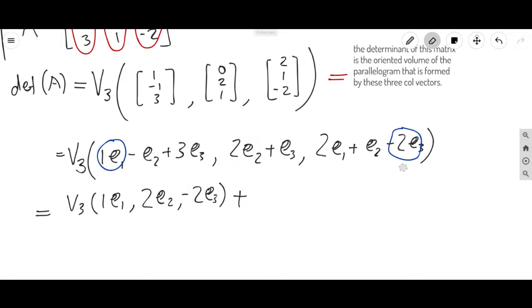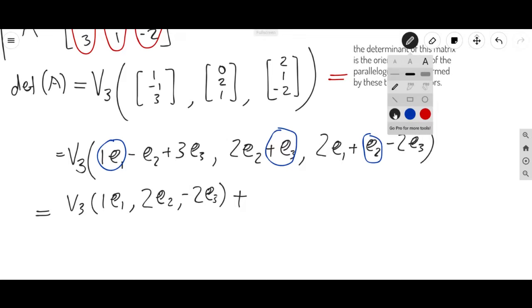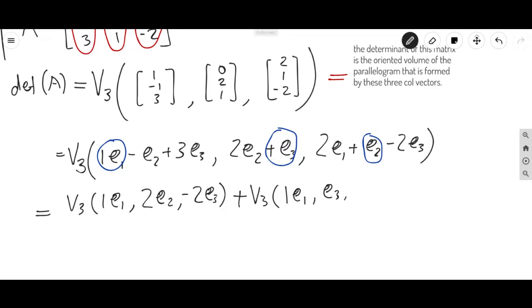But the other way to do it is you can take E3 instead. And now if you take E1 and E3, then to avoid a repetition, you're going to pick E2. So you can multiply these three together, and you would write plus V3 of 1E1, comma E3, comma E2. That's the other way you can do it.